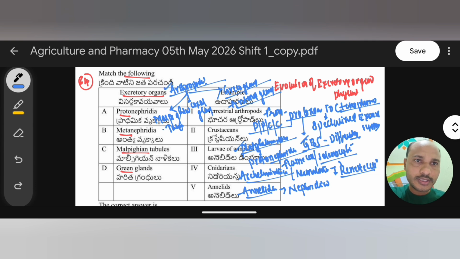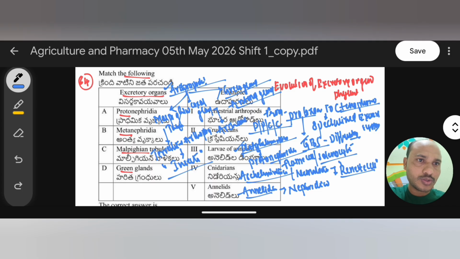Generally Malpighian tubules are seen in terrestrial arthropods, which include insects. So in insects we see Malpighian tubules as the excretory organ. Now coming to coxal glands. Coxal glands are seen in class arachnida in arthropoda.